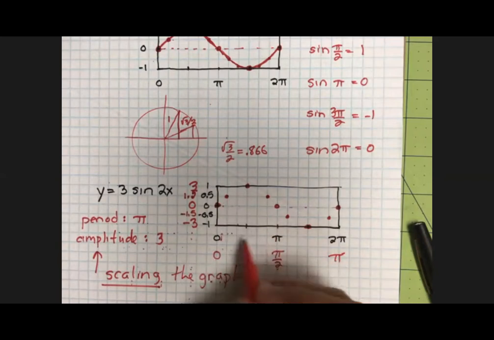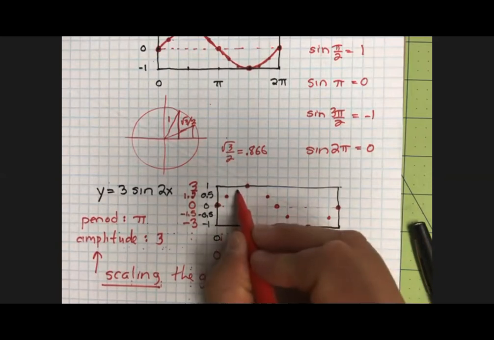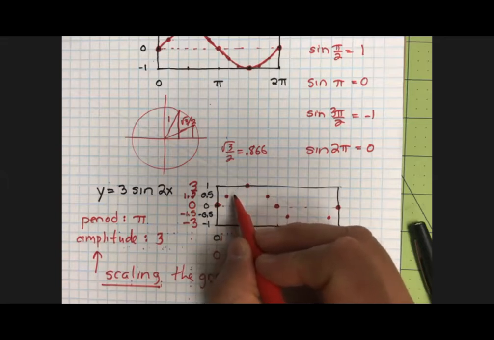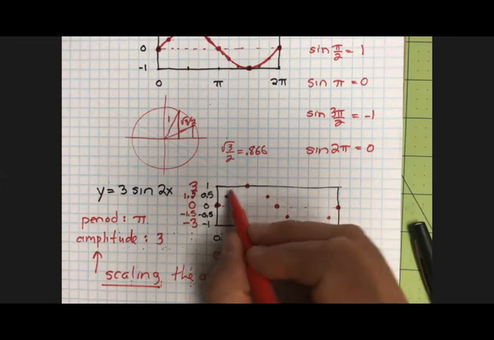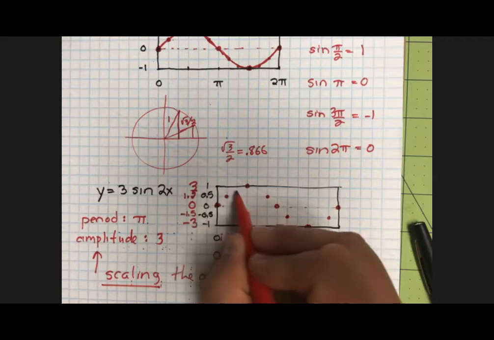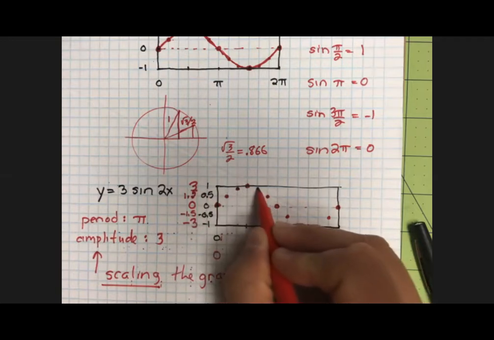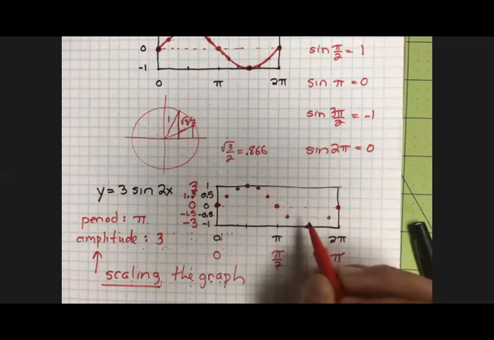What were the dots 1/3 of the way to pi? 0.866, but times 3. What would that be? 2.5, 2.6? I'm not really interested maybe in the number. What I'm interested in is that it's nearly at the top of that curve. And likewise for his partner on the other side. Nearly at the bottom.